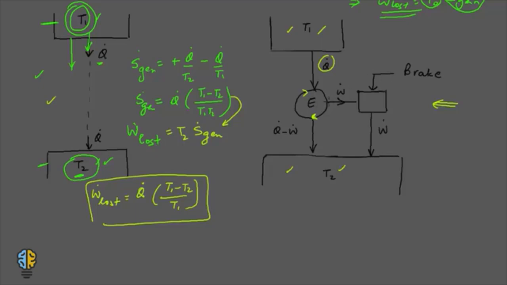The entire work output from this reversible heat engine is dissipated in this brake, from which an equal amount of heat is rejected to the reservoir at T2. So whatever work comes out of the engine, that is W dot, goes into this brake, and an equal amount of heat, equal to W dot, is rejected to the reservoir at T2. This means that heat transfer through a finite temperature difference is equivalent to the destruction of its availability.